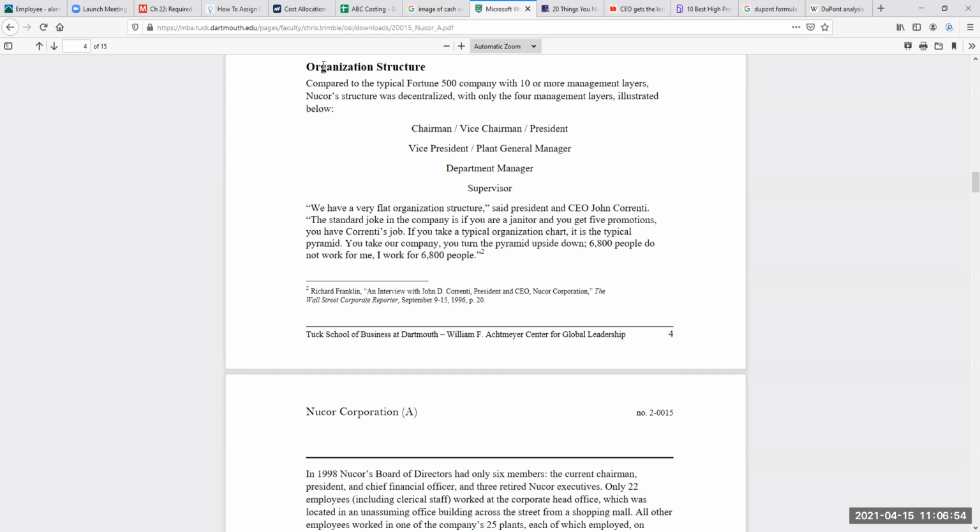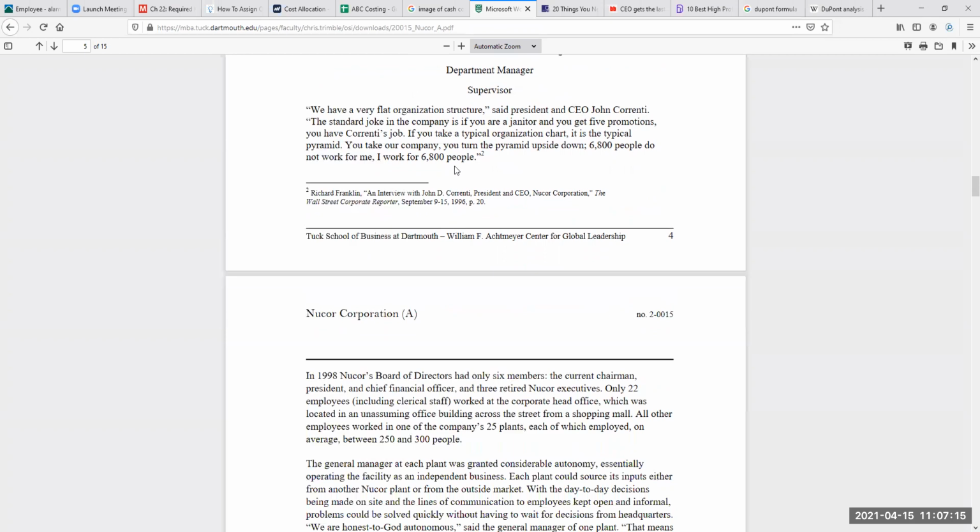But here's successful people right here, 10 or more levels of management, typical Fortune 500, and Nucor Steel has a chairman, vice chairman, president, vice president, department manager, supervisor. Very flat organization. So if you're a janitor and you get 5 promotions, you'll be the president.